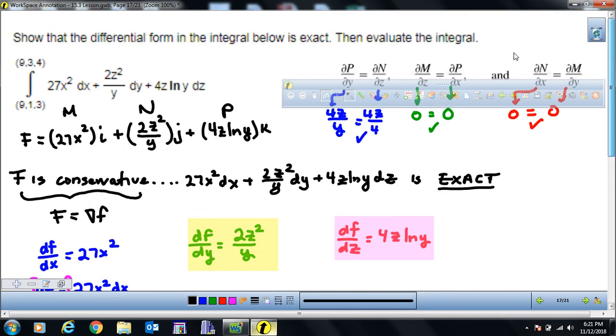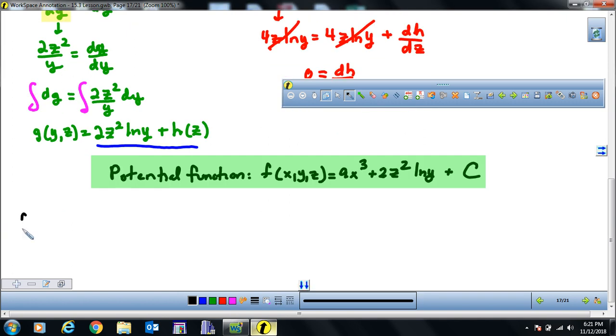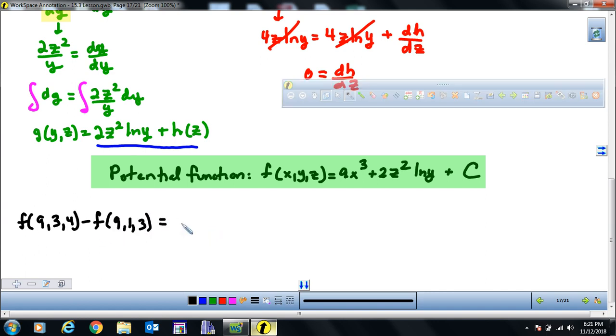Okay, so we want to go from (9, 1, 3) to (9, 3, 4). F of (9, 3, 4) minus f of (9, 1, 3). That's what we want to find.